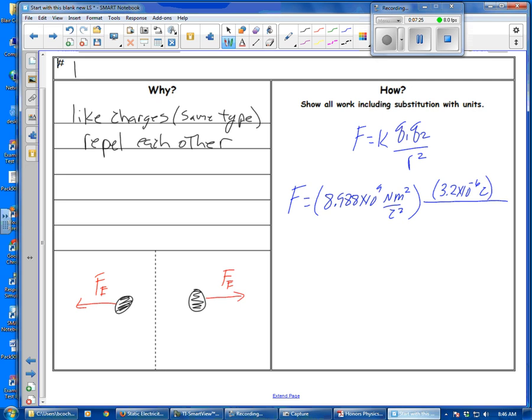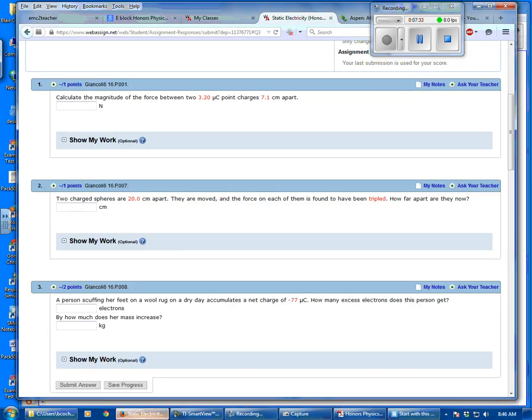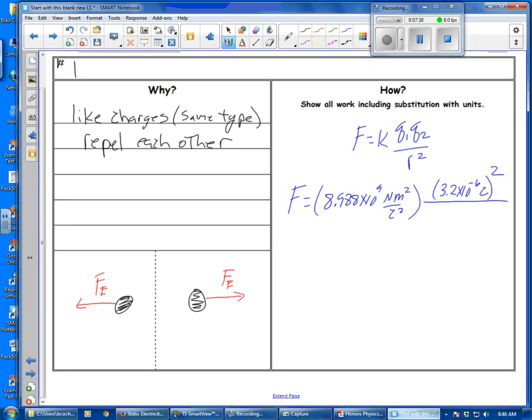Since I have two identical charges, those two multiplied together is the same as squaring that. And then the distance apart, 7.1 centimeters is 0.071 meters. And I square that. And I have all numbers on one side and the variable that I want to solve for on the other.